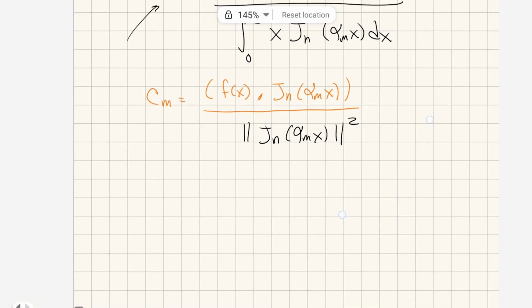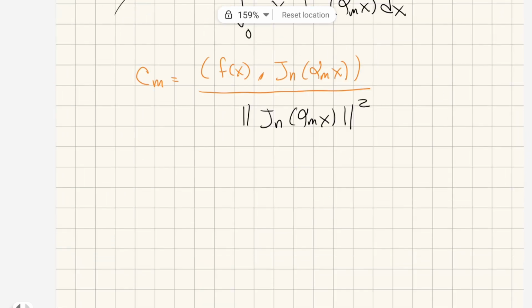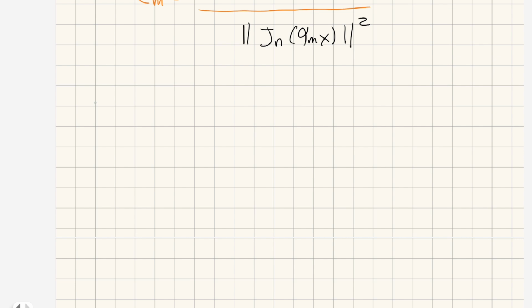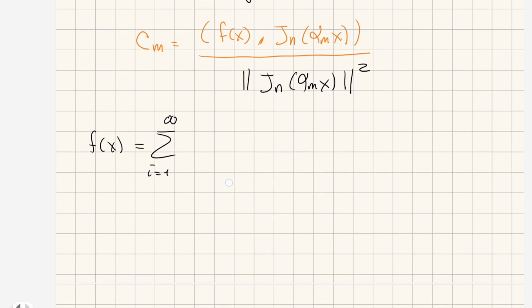Okay, perfect. So if we take this result into the infinite sum that we defined for f, we will have that f of x is equal to the sum from i equals 1 up to infinity of ci, right? But ci will be this thing over here, but instead of writing m, we will write i.